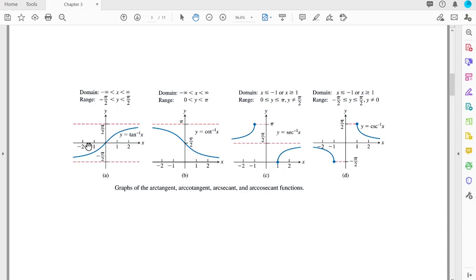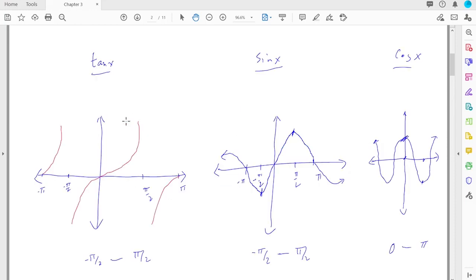The domain is all real numbers, and the range is from negative pi over 2 to positive pi over 2. So think about this. Here we are restricting from negative pi over 2 to positive pi over 2. This is the domain for tangent of x, where we can find the inverse of this function. So that will now be the range for tan inverse.